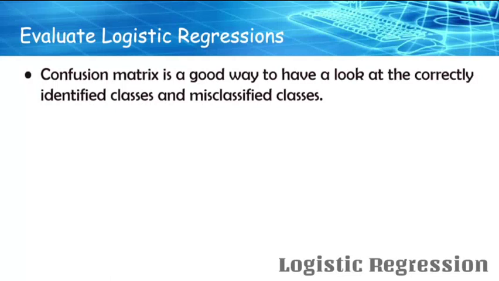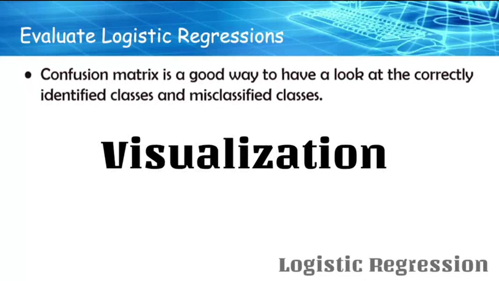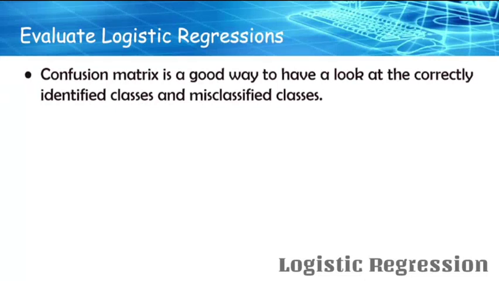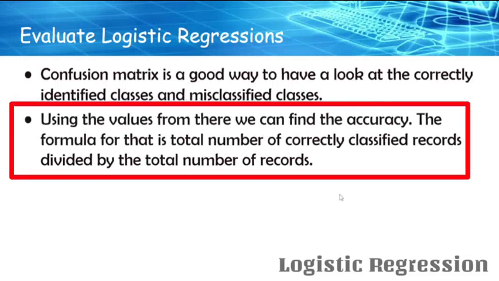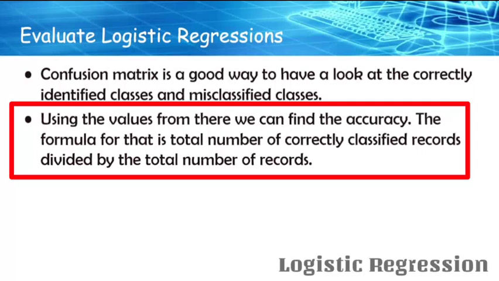Okay, so the confusion matrix is a non-visualization, but we can do visualization too. Again, we will see that in projects, and using the values from there we need to find the accuracy. The formula for that is the total number of correctly classified records divided by the total number of records.